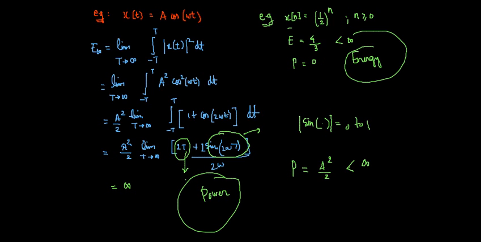Everyone got this? Okay, now look at this. How is this an energy signal and how is this a power signal? See here. What was the first example of ours? There L'Hospital would apply, right? This infinity by infinity form would come, and then you would apply L'Hospital.